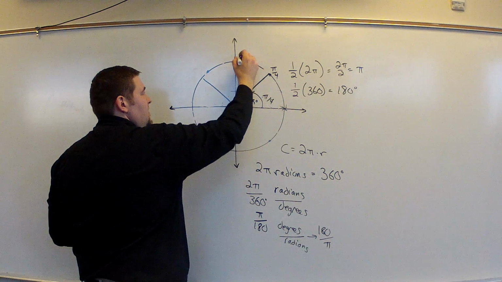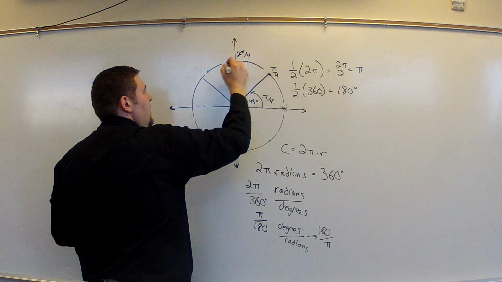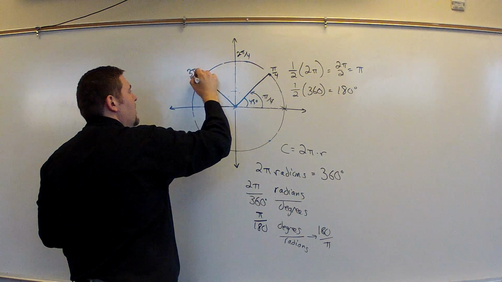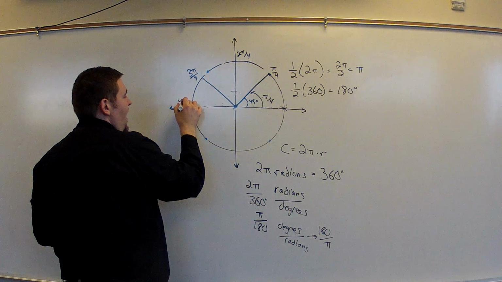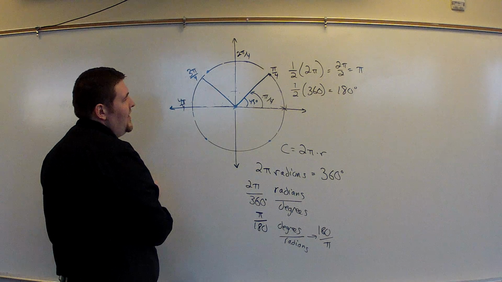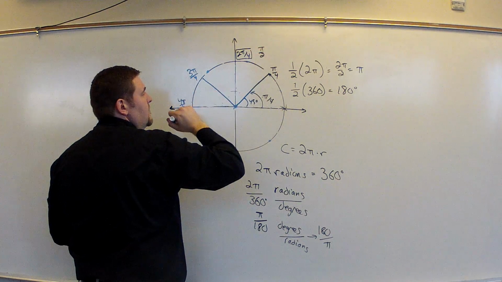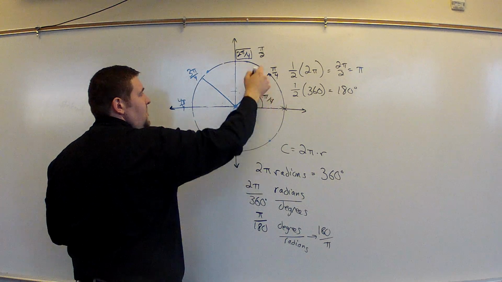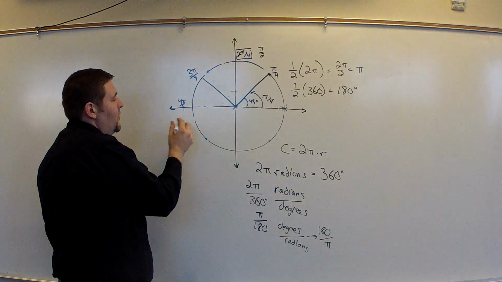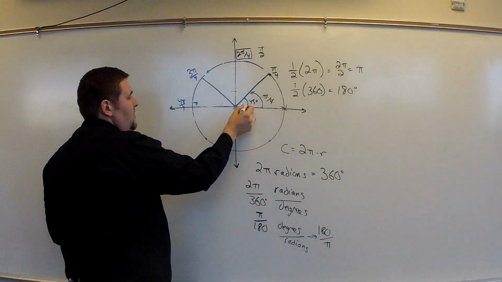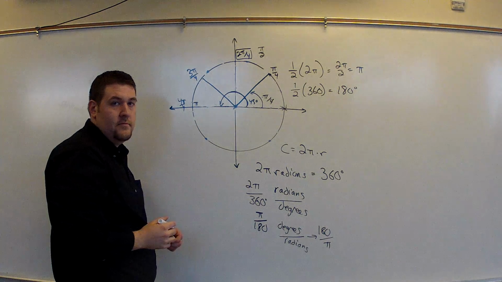Then 2 of those would be 2 pi over 4s. This would be 3 pi over 4. And this, of course, would be 4 pi over 4. And if we reduce the fractions, this 2 pi over 4 would simplify to be pi over 2. So 90 degrees is equivalent to pi over 2. 4 pi over 4 is just pi, which was the full 180 degree measure.